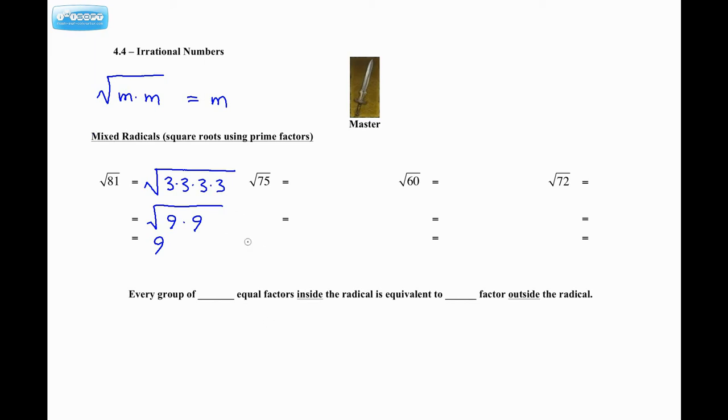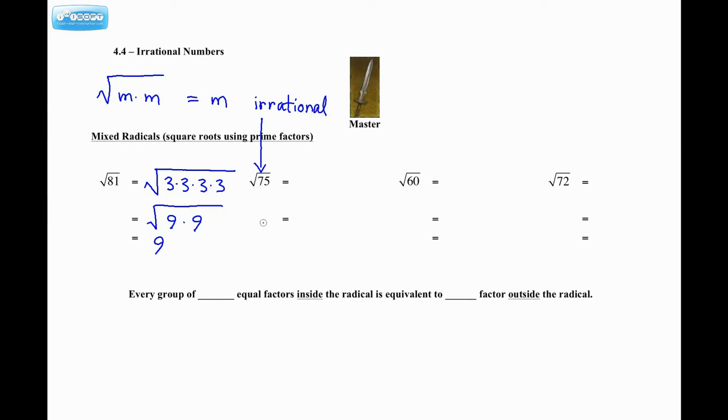All right, well, let's look now at the square root of 75. Now, I would hope you'd recognize right away that we're going to run into trouble because 75 is not a perfect square. Therefore, this radical is irrational. Meaning that if you tried to work it out on a calculator, you would get a very long decimal.